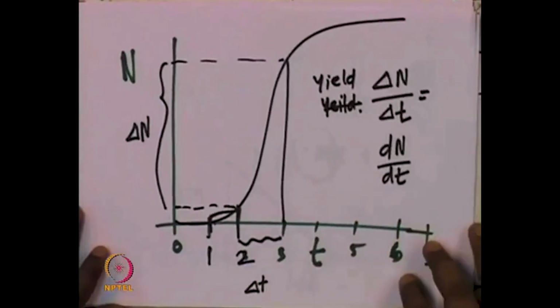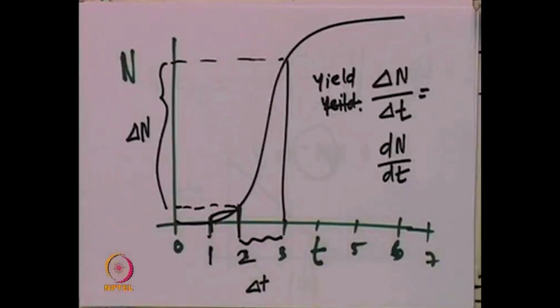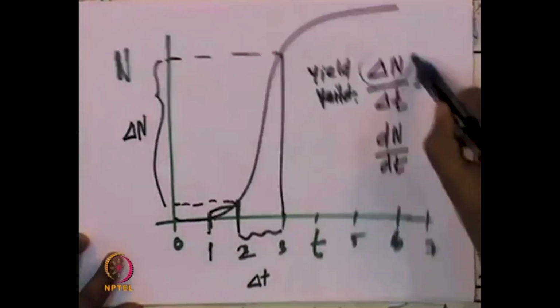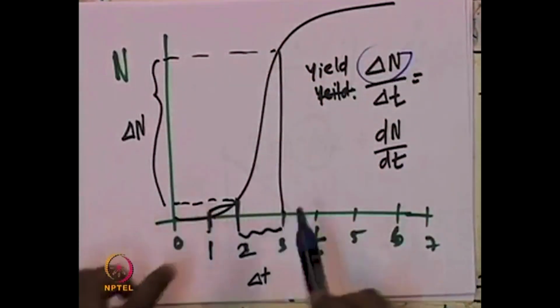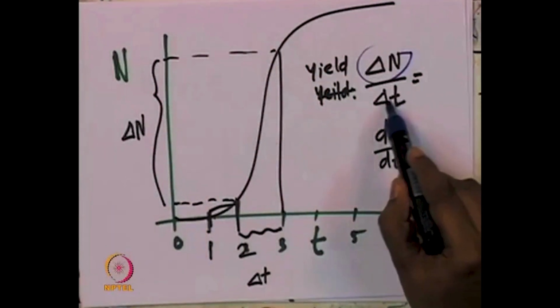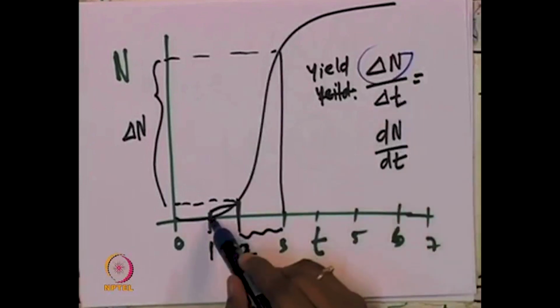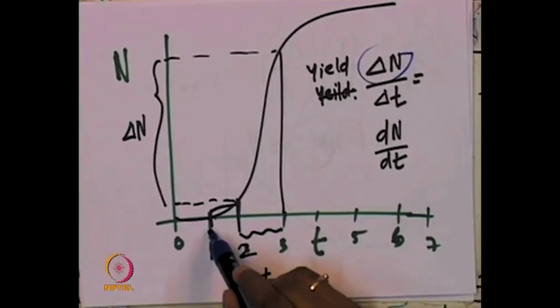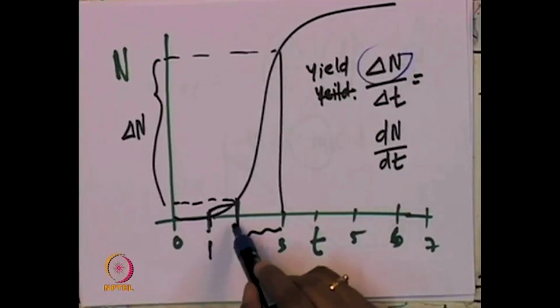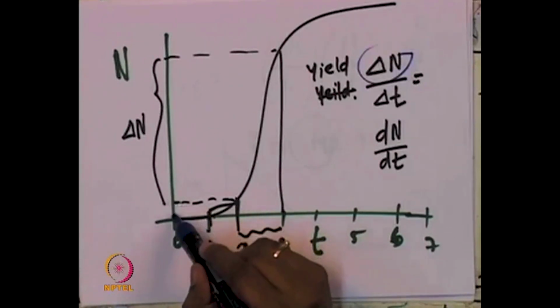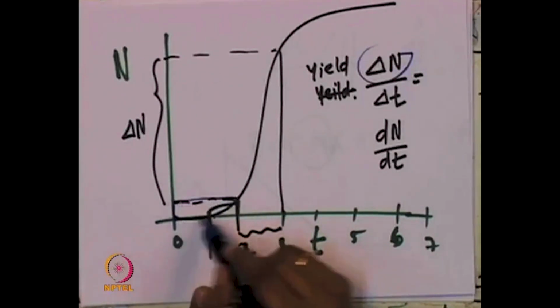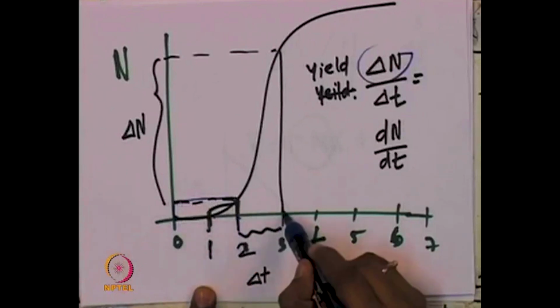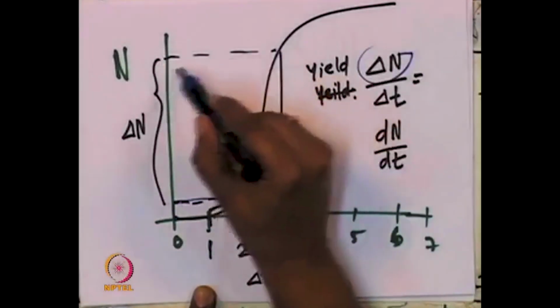So think about it once more. Yield means you want the maximum number, the delta n, the number should increase when the time changes by 1 day, or say time changes by a small factor. If you look here, if the time changes by 1 day here, the yield was very small, the number only increased from here to here, this much. On the other hand, from here to here, the number increased this much.